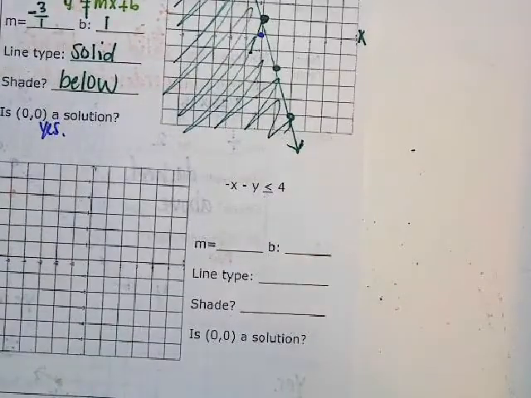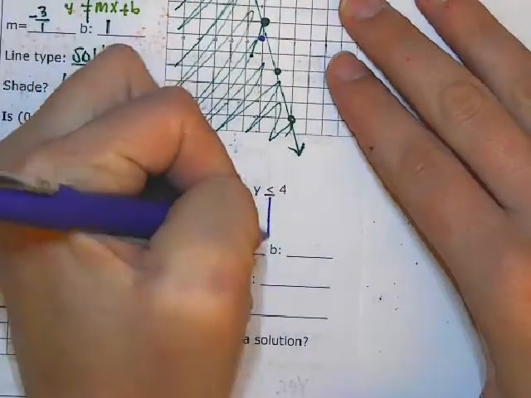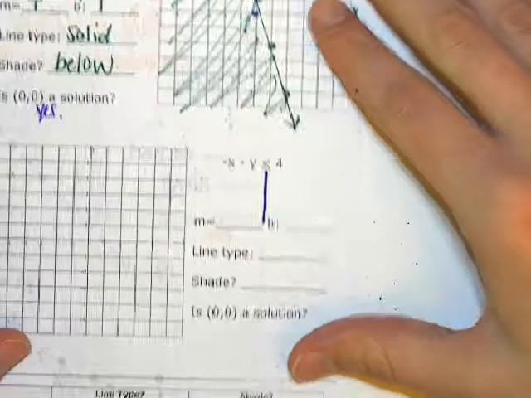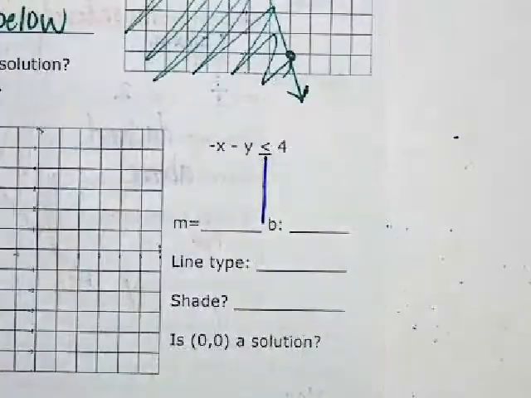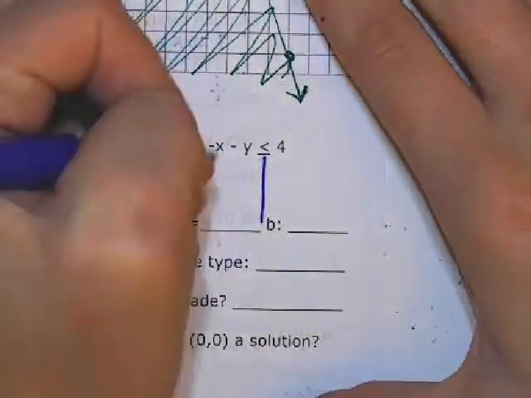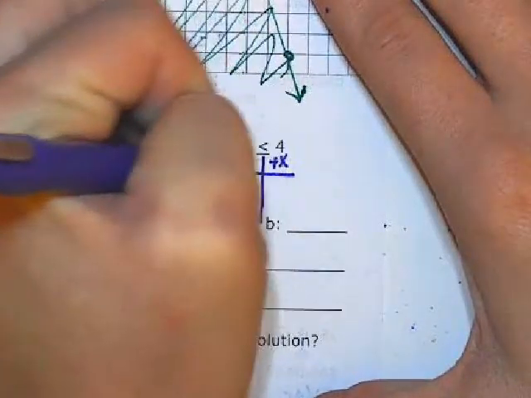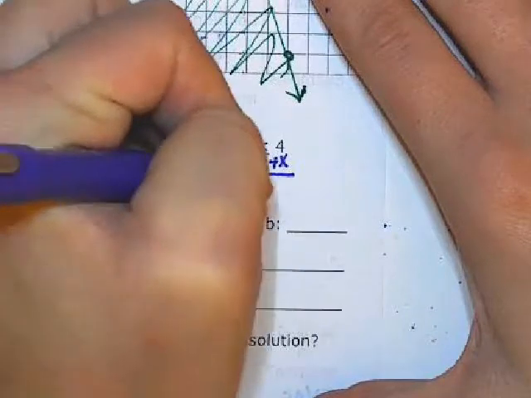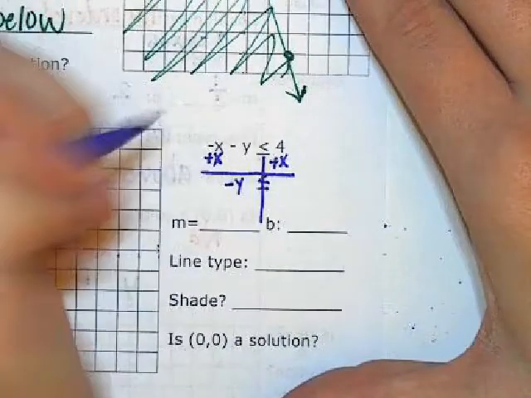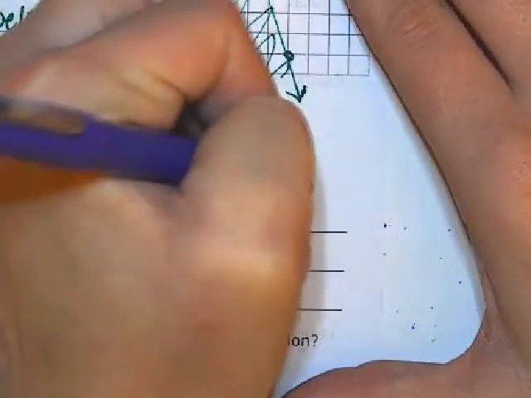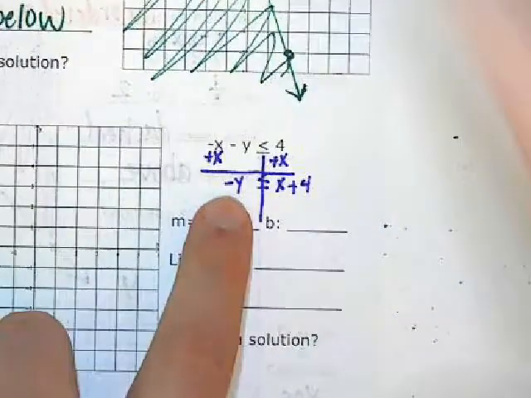You got to write small on this one. Write small. Draw your lines. All right, what do I get rid of first? How do I get rid of the negative x? Add x. Negative y less than or equal to x plus 4. Is y by itself? No, we have that negative.